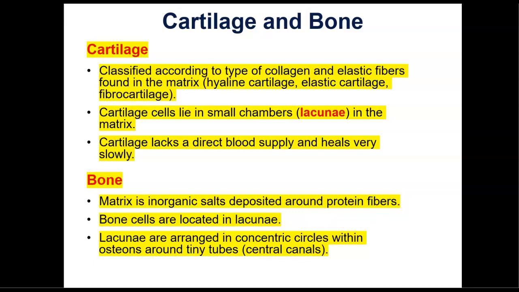I'm sorry, collagen. Collagen is the protein fiber that you find in bone. The bone cells are also located in lacunae and then surrounded by bone matrix. And the lacunae are arranged in concentric circles, like an onion, within bone units called osteons. And then in the center of those osteons would be a central canal that blood vessels travel through.